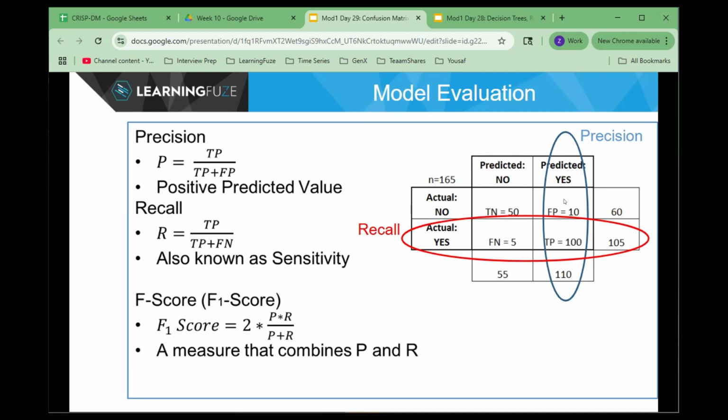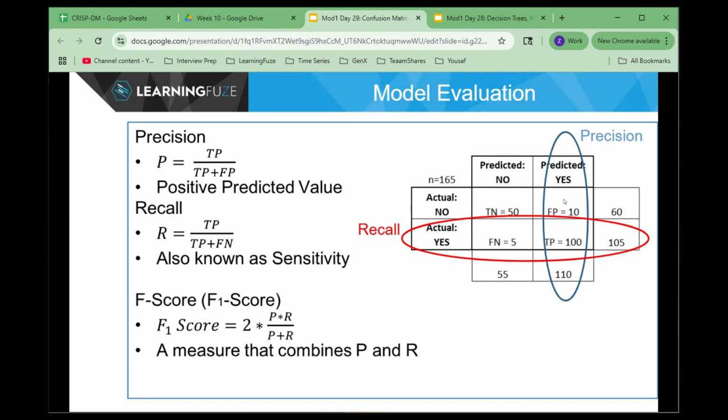Can somebody talk about why precision and recall individually might be a little bit better than the harmonic mean of precision and recall? Sometimes you care more about one or the other.